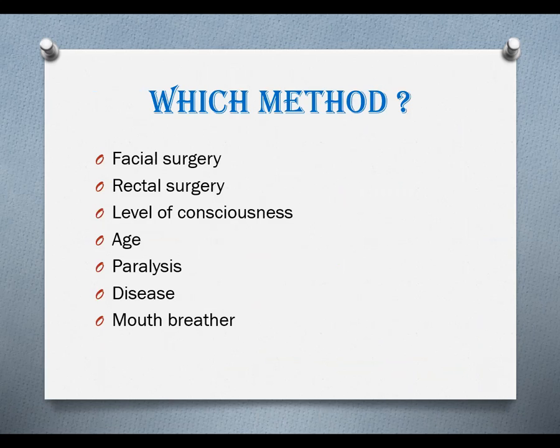And depending on the disease that a person has, you may use your critical thinking as to what type of method you're going to use. Mouth breathers, not advisable for oral, because they will not keep the thermometer in their mouth, because they cannot shut their mouth because they breathe through their mouth a lot.